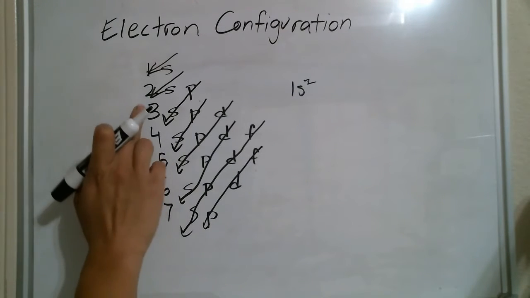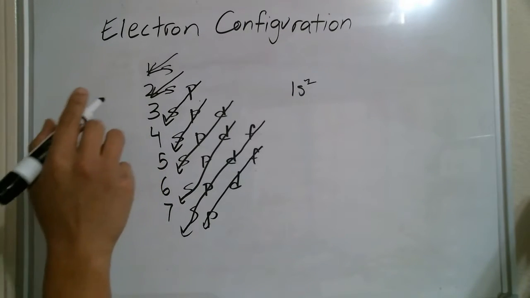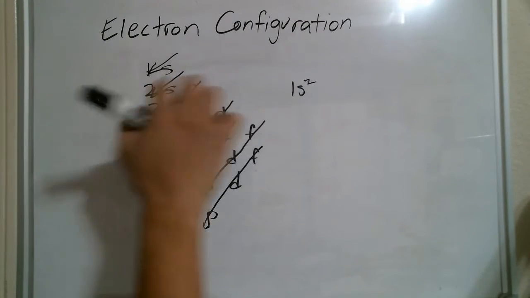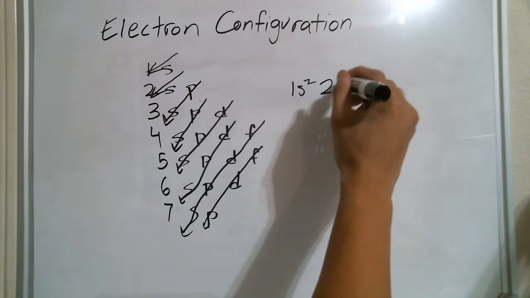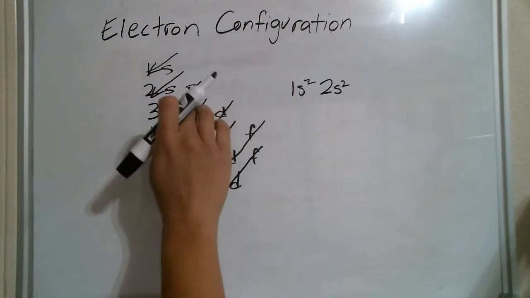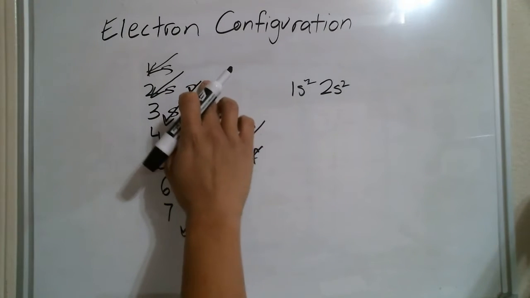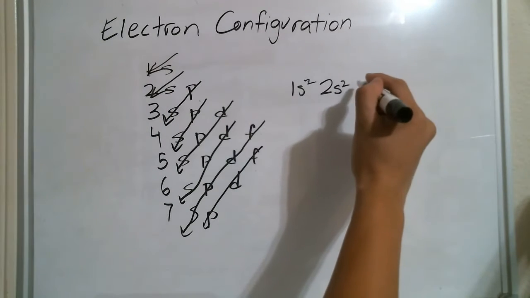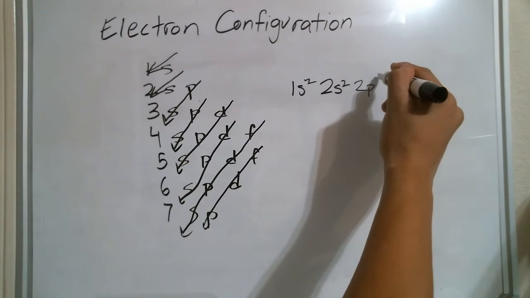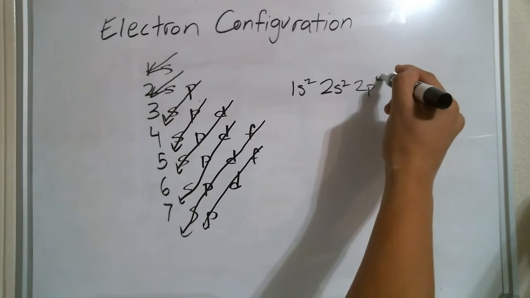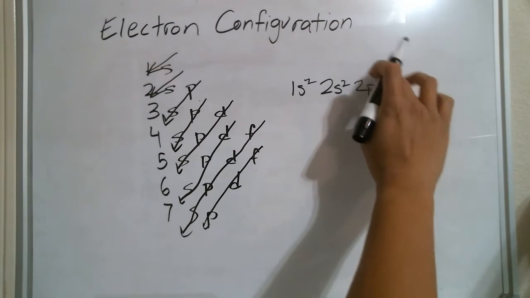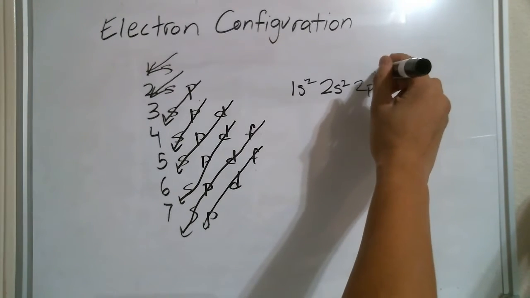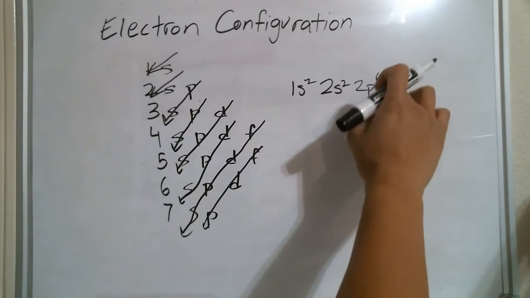The second arrow, we only go 2s, so there's 2 electrons there. Next, we go back up to p, and we go 2p. We know p contains 6 electrons.